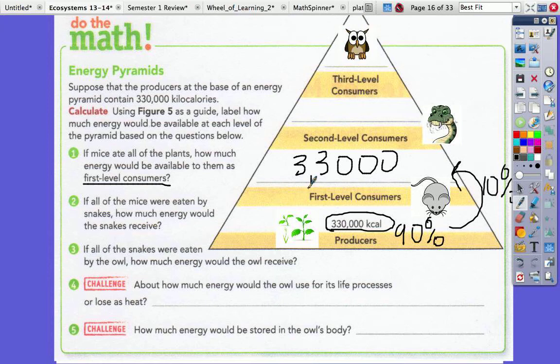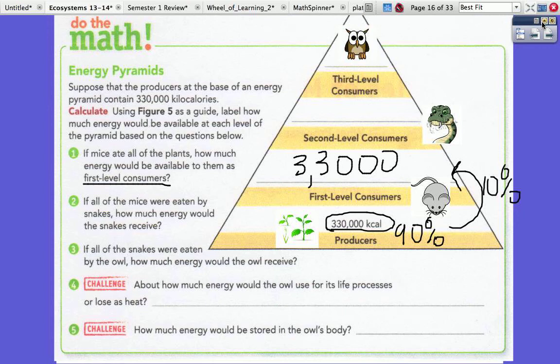If all the mice were eaten by the snakes, how much energy would be available to the snakes? So again, the mice are going to use 90% of this 33,000 kilocalories, which means 10% is able to be passed on.